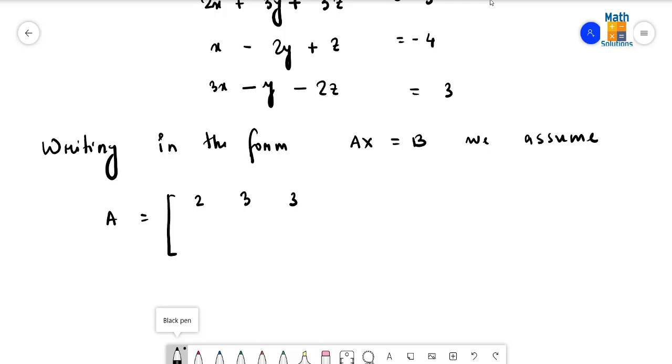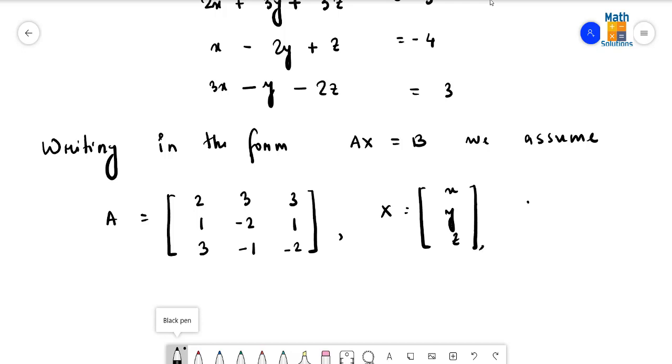After that, from the second equation, the left hand side gives us 1, −2, 1. Then the left hand side of the third equation gives us 3, −1, −2. Then X is equal to x, y, z, of course. Then B is equal to 5, −4, 3.